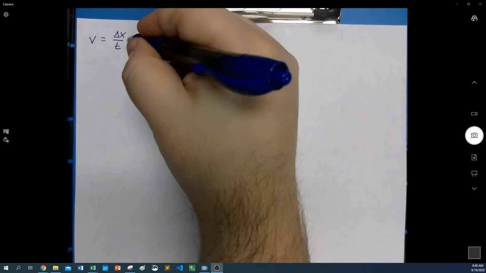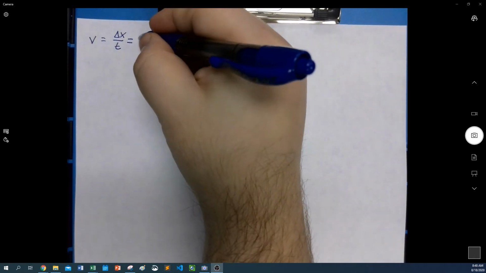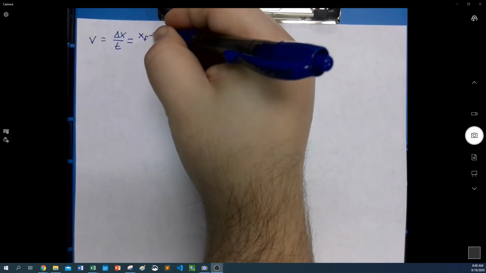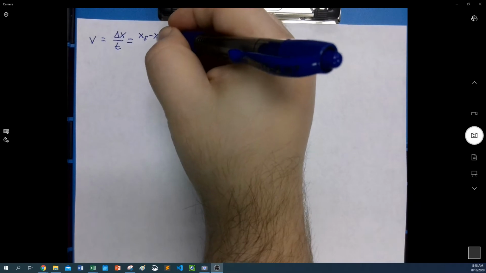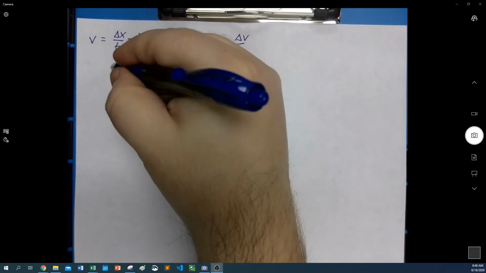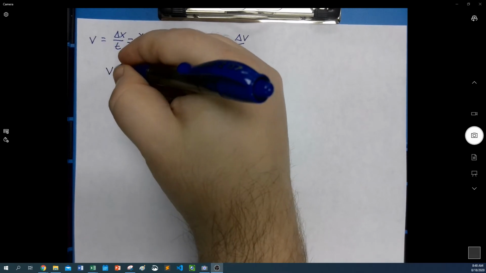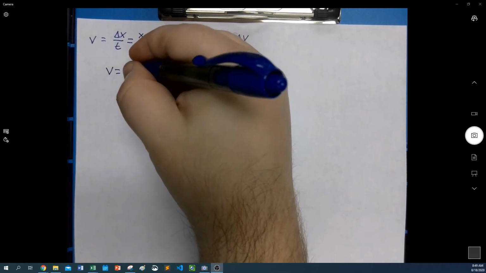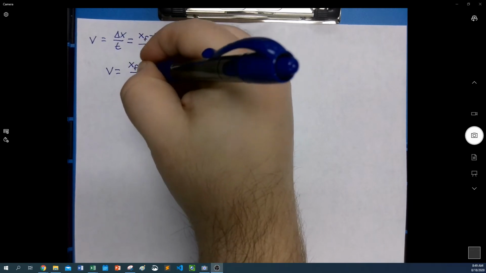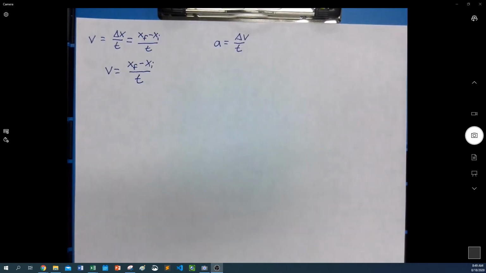We can expand this out, make it your final position minus your initial position over time. So this simplifies down to your velocity is equal to xf minus xi divided by t.